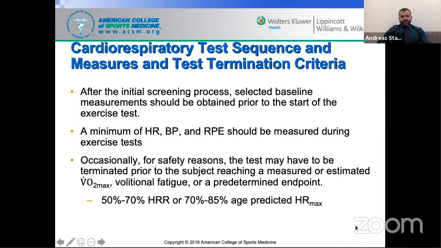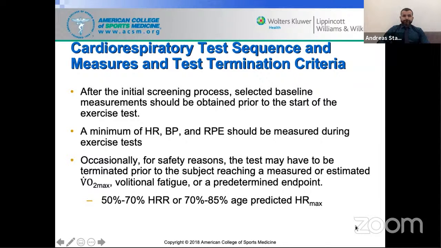When do we terminate? Sometimes we have a predetermined number. As you can see, for example, the ones from ACSM that I mentioned before, we had 85% of age-predicted HR max. So we'll find the HR max based on the formula, and we would stop them at 85% for safety reasons.